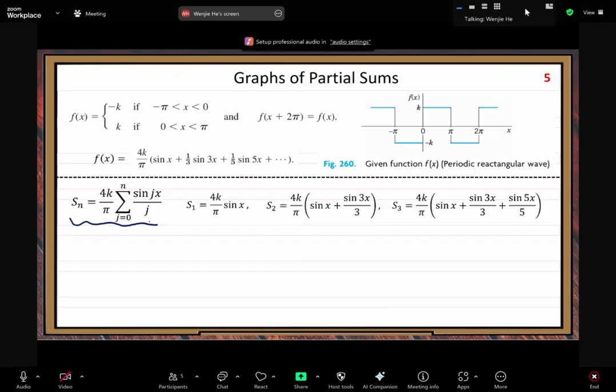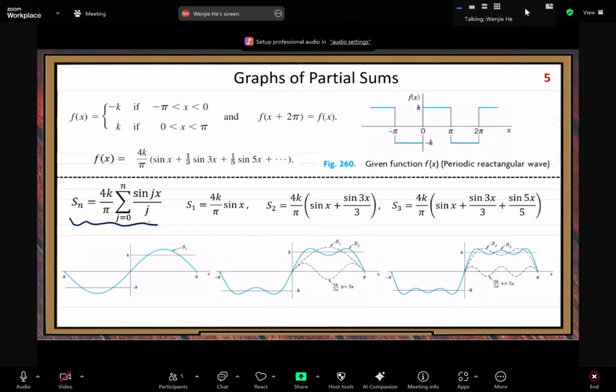Nobody can do that. Here, we can do it easily. So 1 term, the graph is like that. Second term, better approximation, right? Third term, even better, right?